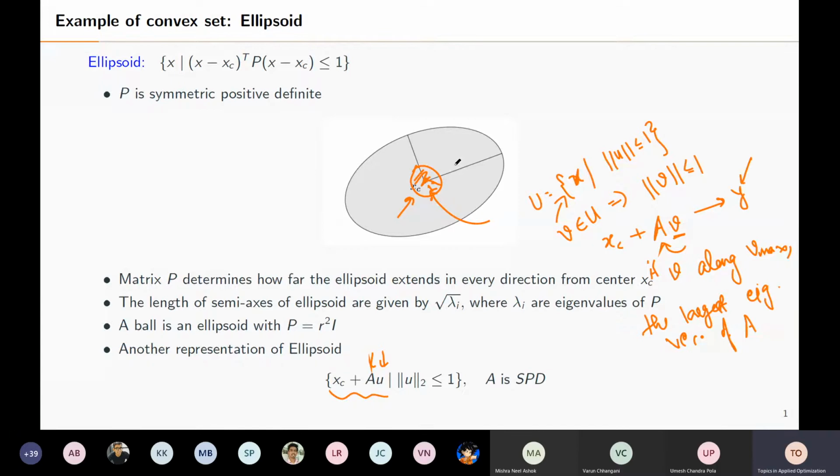For example, in this case, if the eigenvector of A is this way, and the unit vector that you have here is aligned this way, then it will be stretched the most. How far will it be stretched? It will be stretched by lambda max.